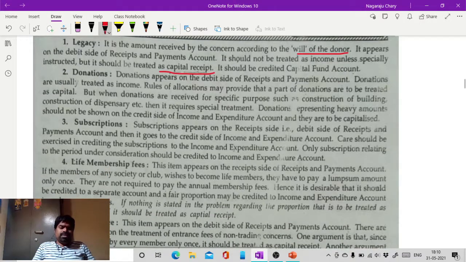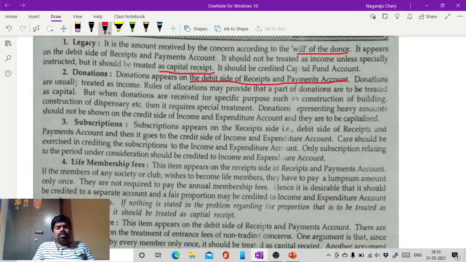And donations are recorded on the debit side of the receipts and payments account. Donations are usually treated as income because this is repetitive in nature. So rules of allocation may provide that part of donations are to be treated as capital. Sometimes that may be treated as capital also.